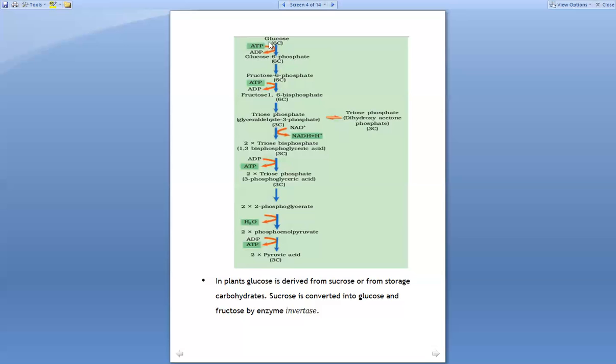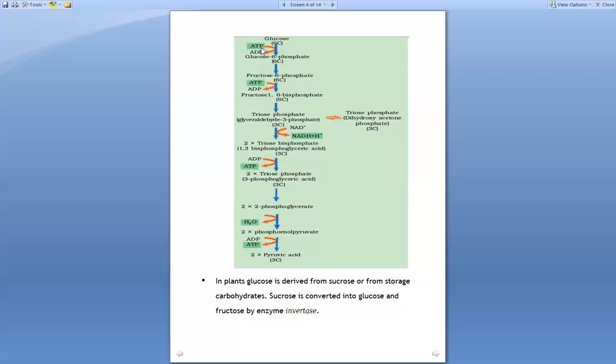Just like glucose, glucose 6-phosphate is also a 6-carbon compound. So here is the first conversion where ATP energy is utilized, and upon donating the phosphate molecule, ATP gets converted to ADP. The full form of ATP is adenosine triphosphate, while ADP is adenosine diphosphate.